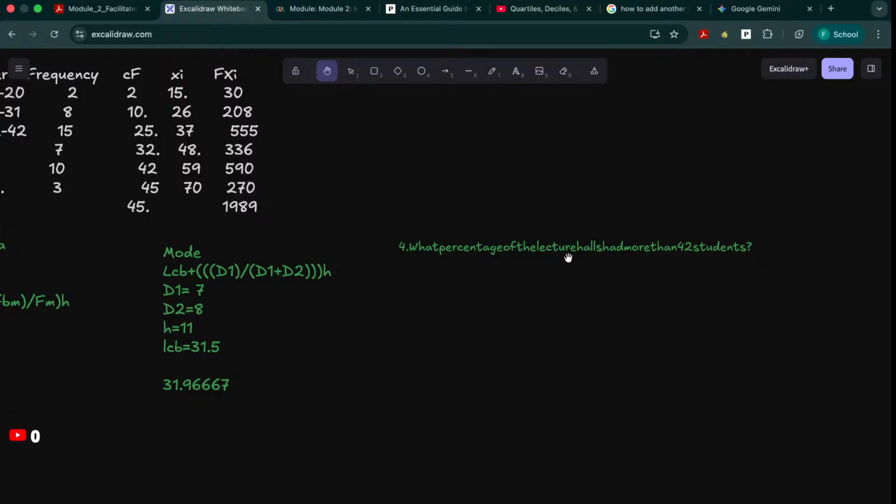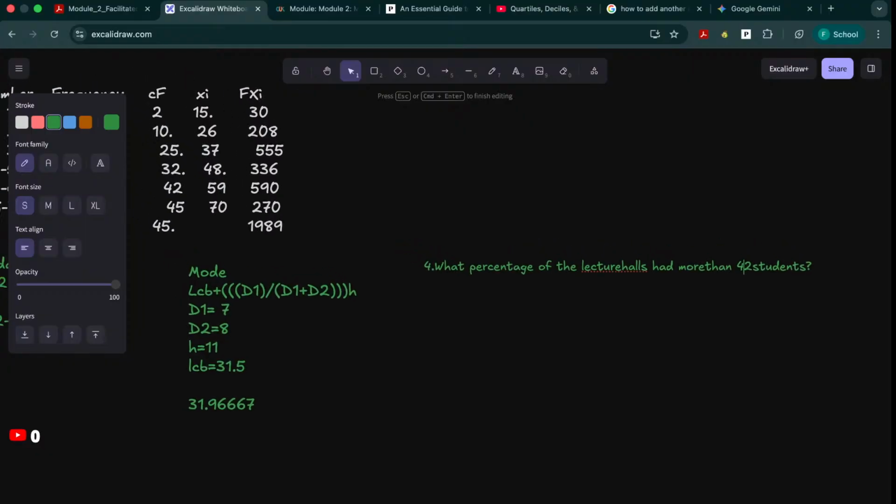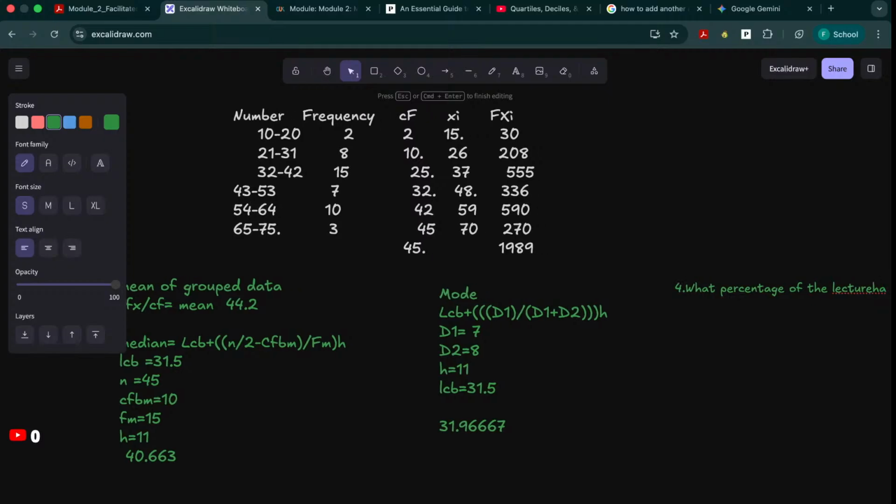We are told what is the percentage of lecture halls with more than 42 students.